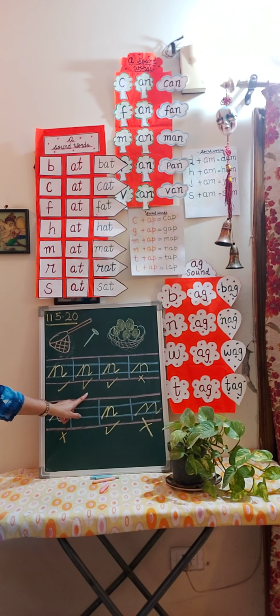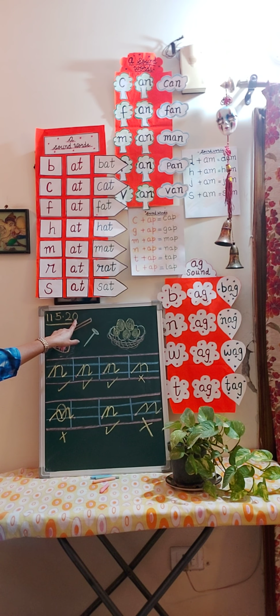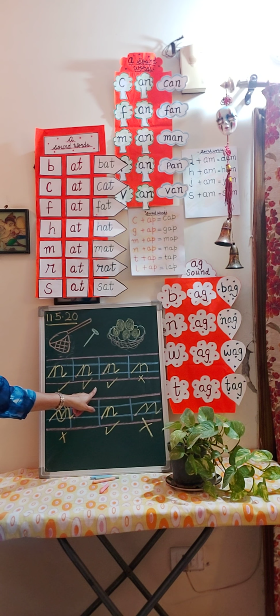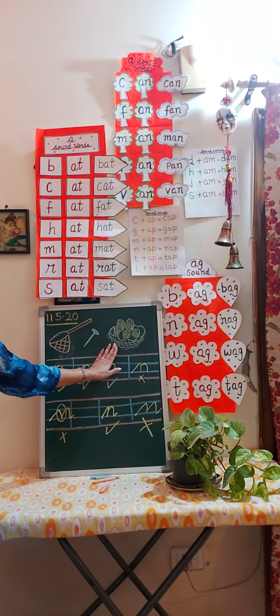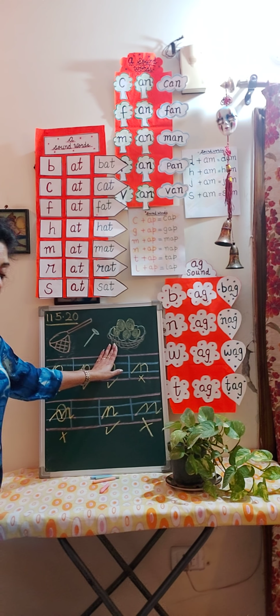So this you have to write down in your notebook. You have to write down the date, 11.5.20, and then you will write down letter N. After writing letter N, on the back side you can draw these pictures. Is it clear?